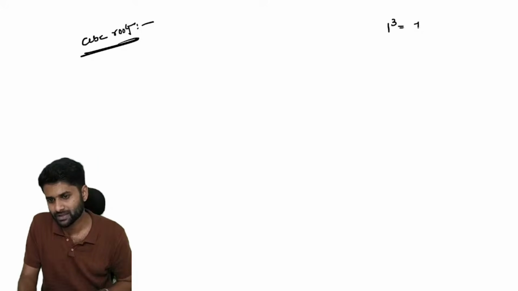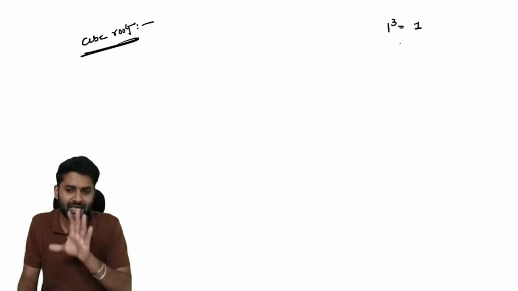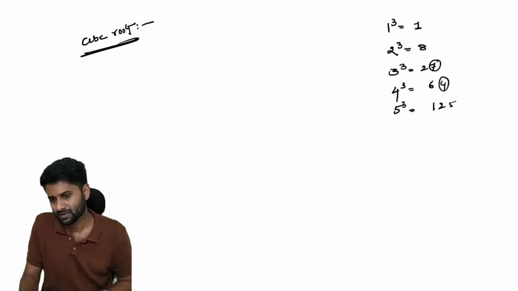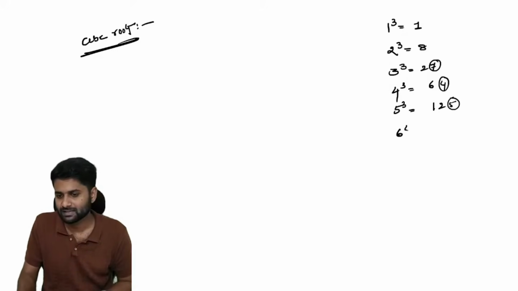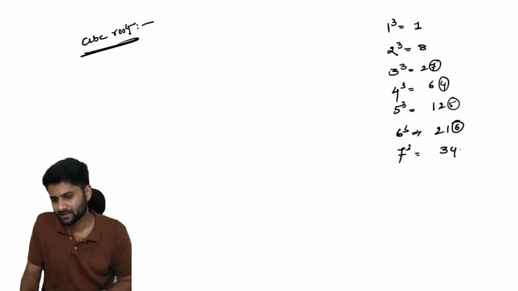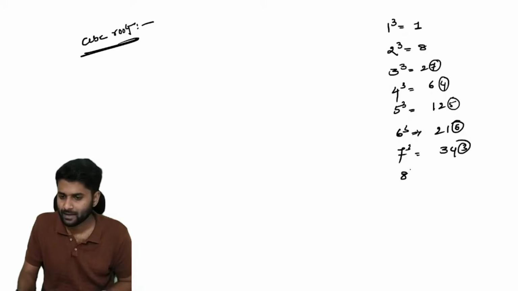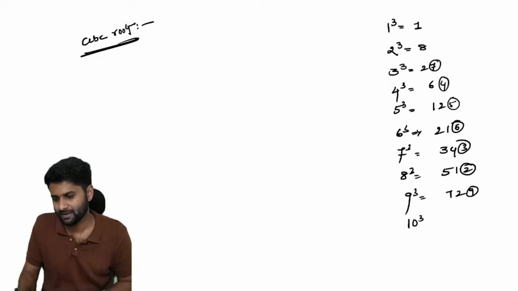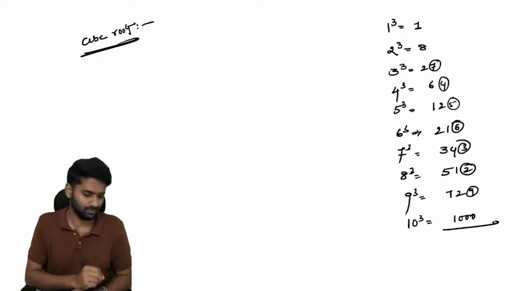Like 1 as a units place happens on 1 cube. 2 cube is 8. 3 cube is 27, here units place is 7. 4 cube is 64, units place is 4. 5 cube is 125, units place is 5. 6 cube is 216, 6 as units place. 7 cube is 343, here units place is 3. 8 cube is 512, here units place is 2. 9 cube is 729, units place is 9. And finally 10 cube is 1000.